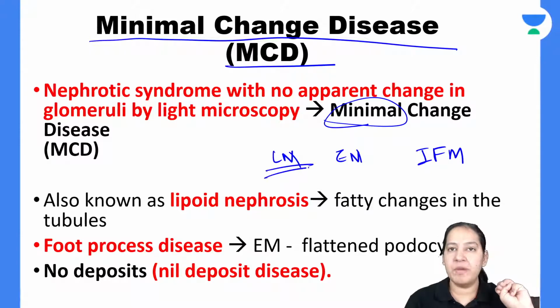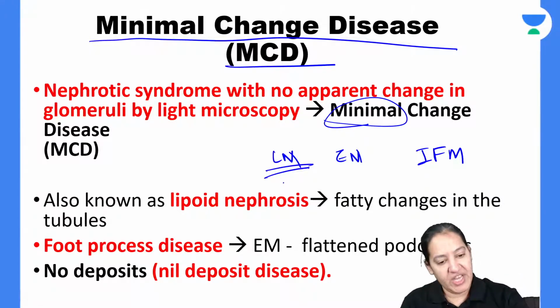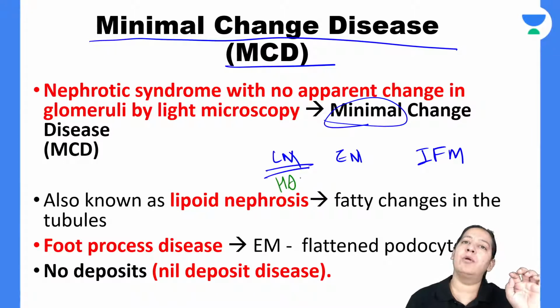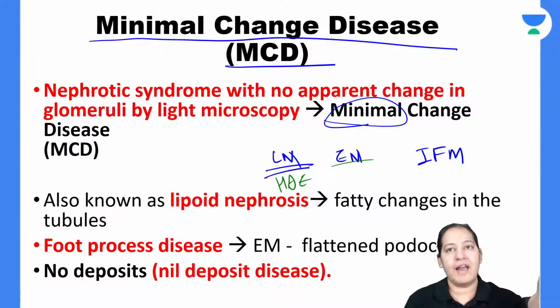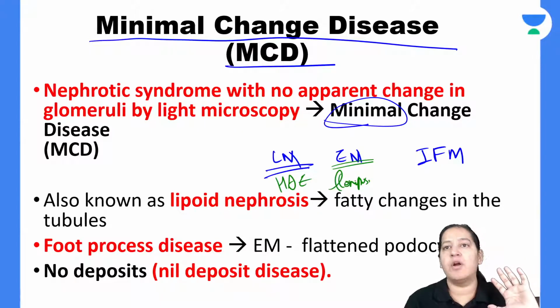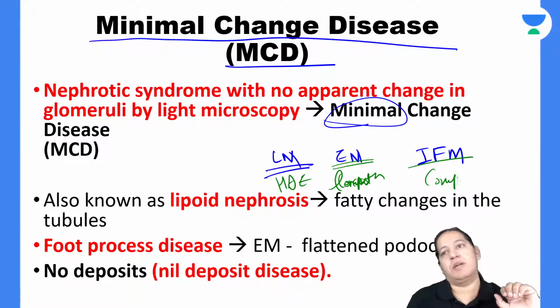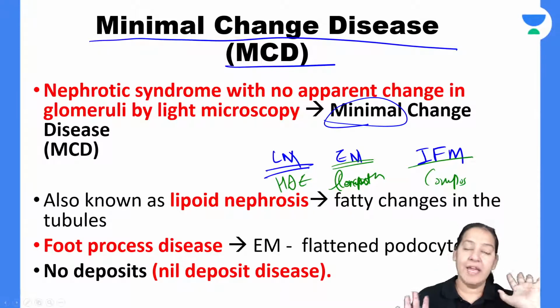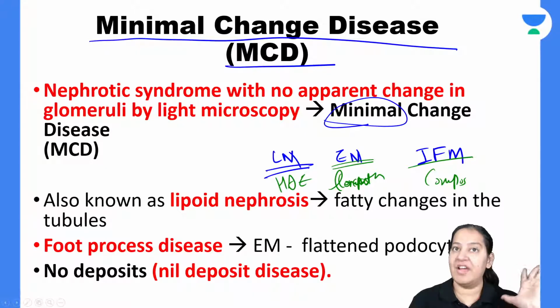In light microscopy, we see the H&E changes in the glomerulus during glomerulonephritis. In electron microscopy, I will see the location of the deposits, if there are deposits. And in immunofluorescence, I will see the composition of the deposits. In minimal change disease, there is no change on light microscopy.